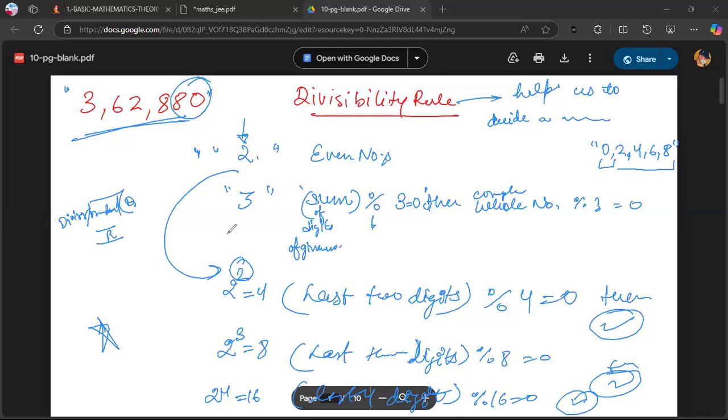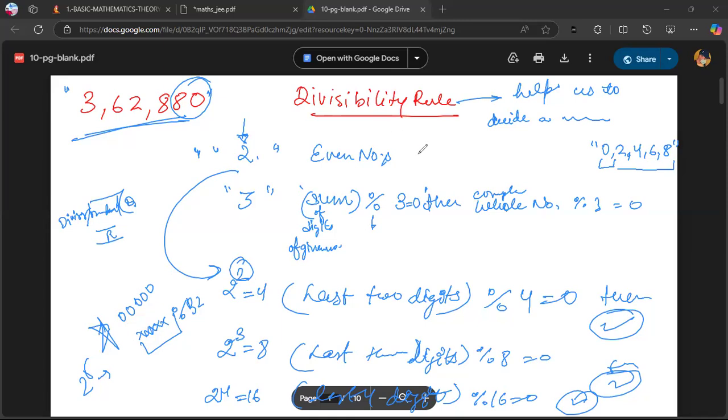Okay, sir. Yeah, so it will go on like this, and 2 raised to power 5: the last five digits must be divisible by 32, then the whole number will also be divisible by it. And if the last five digits are 0, 0, 0, 0, 0, then also we consider that the number will get completely divided by 2 raised to power 5.